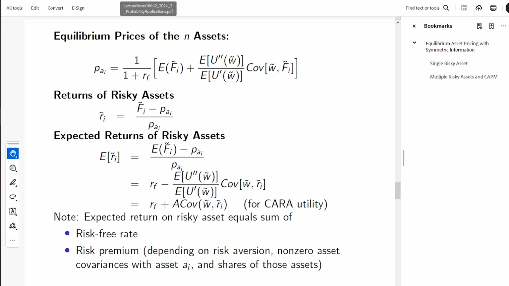Now, what's particularly interesting from this setup is to then say, well, what prices should be holding if this market model is in equilibrium?